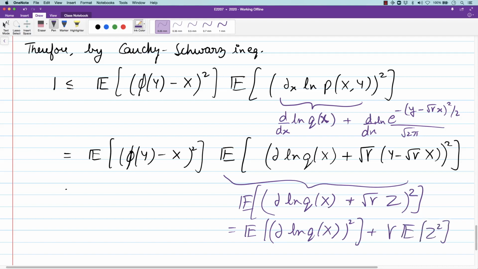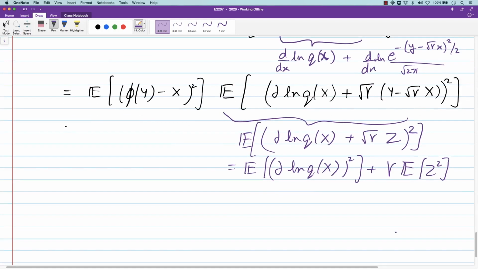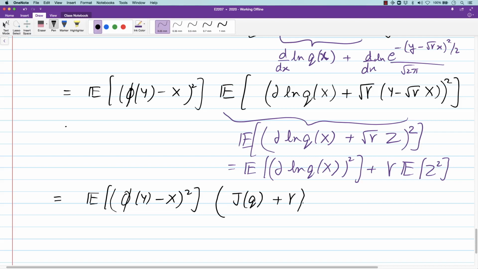Because these two are independent and z is 0 mean, they are uncorrelated, so this remaining cross term is 0. But z square was a 0 mean unit variance Gaussian random variable, so this thing is just gamma. Therefore, this whole term becomes the expected value, this is my first term, the mean square error, times this term here, which you can recognize as J(q) plus gamma.